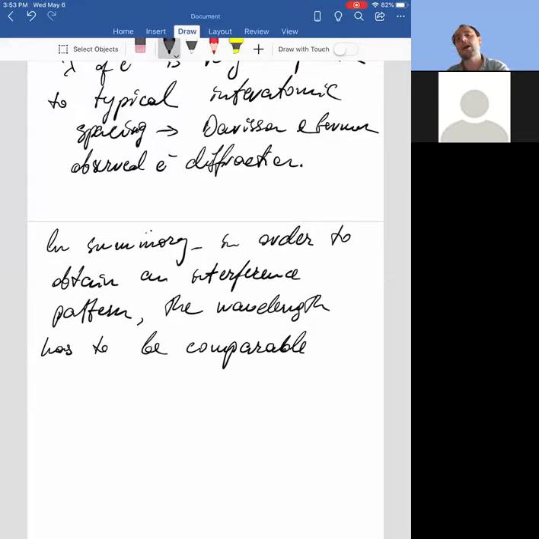If it's much larger, the diffraction is so strong, the spread is so strong that, again, you don't get any fringes.